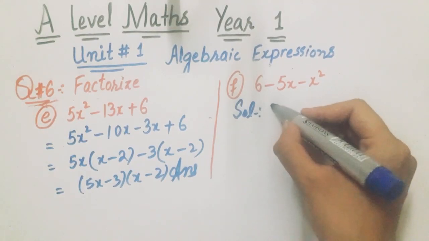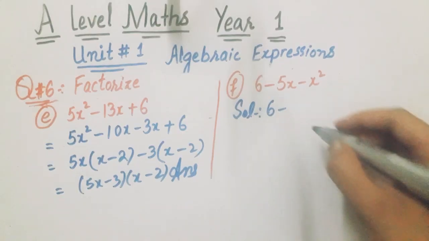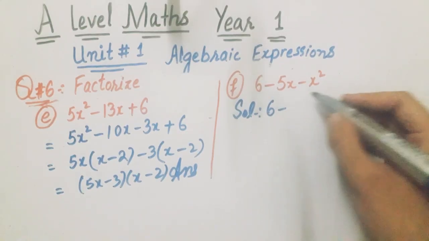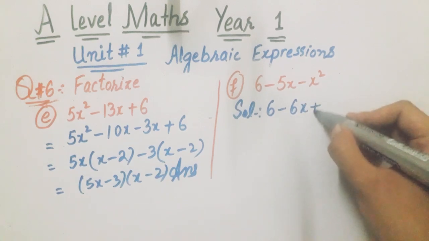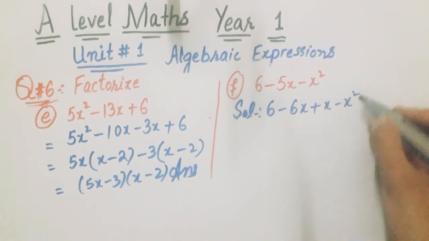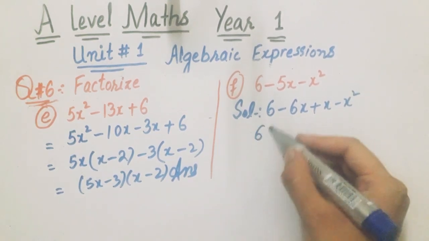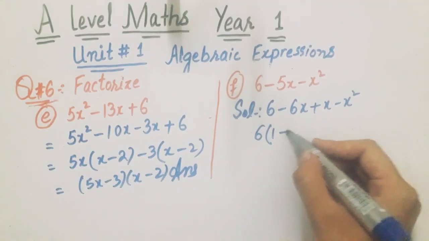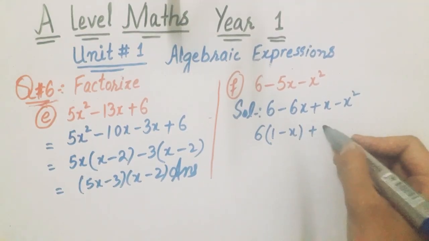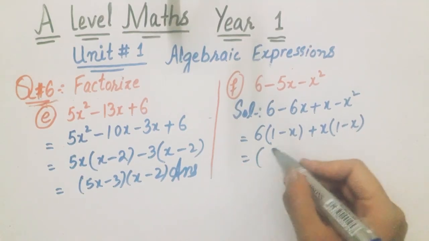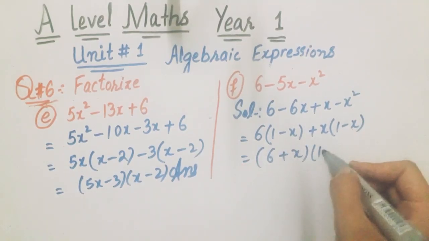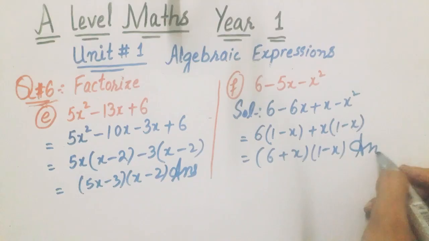So 6 minus 6x plus x minus x square. So take 6 as common, so you get 1 minus x, and plus x is common, so 1 minus x. Factors are 6 plus x and 1 minus x. So this will be the answer.